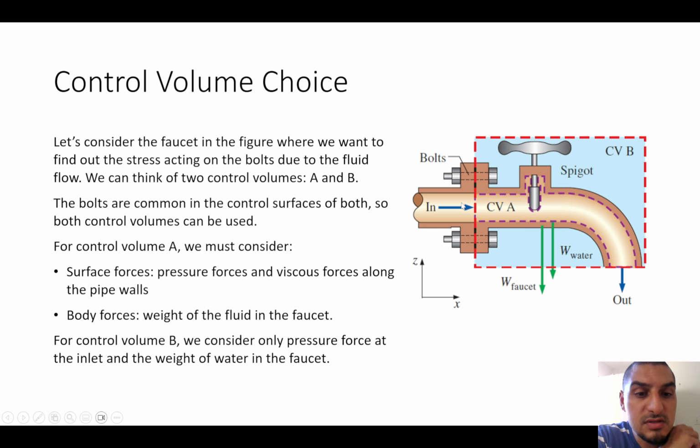But in this case, the surface forces will be only the pressure forces here and here, and we are not including this because this is not part of the surface. The surface again is the red dashed line. So in this case, the fluid is only acting on this part and on this part, and not on the inner walls, or we don't include the inner walls because they are not part of the control surface.